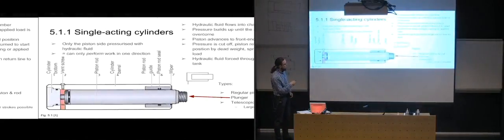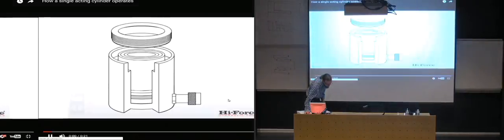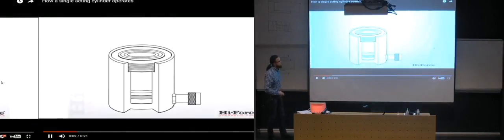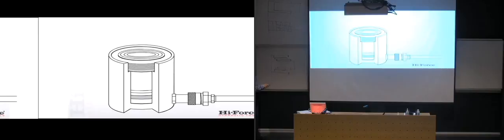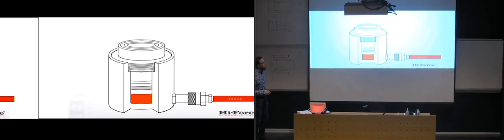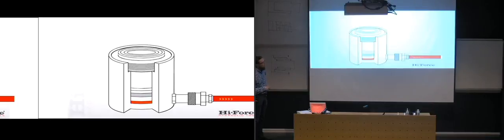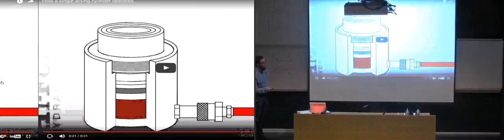And we have a clip of one of these plunger cylinders, just showing how it works. And this is a typical one used for jacking up cars. So you enter the pressure in here, and it's going to send the plunger up. So when you release your pressure, the plunger forces it down again.